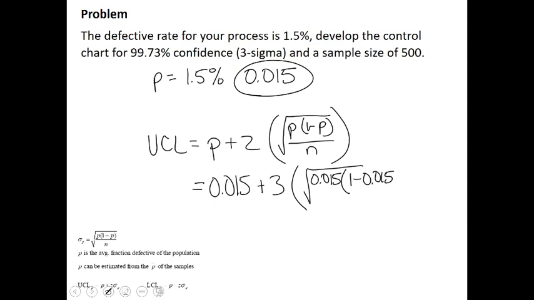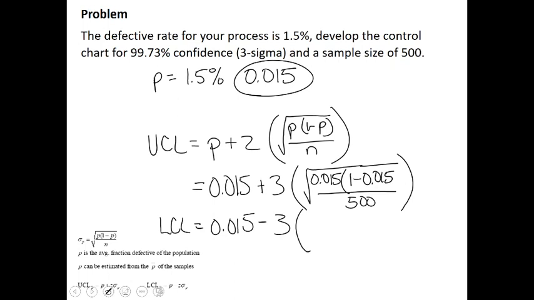I know it's a little tedious, but it really does work. Divided by N, which in this case is 500. Put that all into your handy dandy calculator, and then the lower control limit is the exact same thing, but we'll use the minus sign, minus 3 times this same operation.